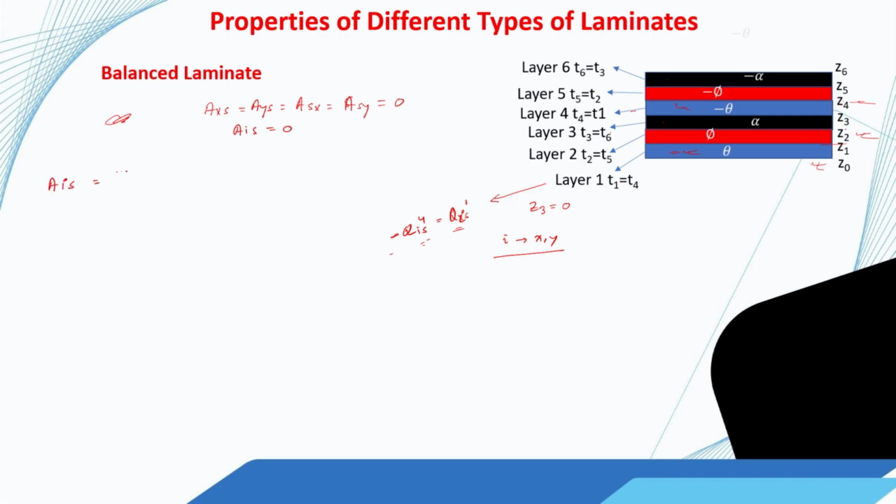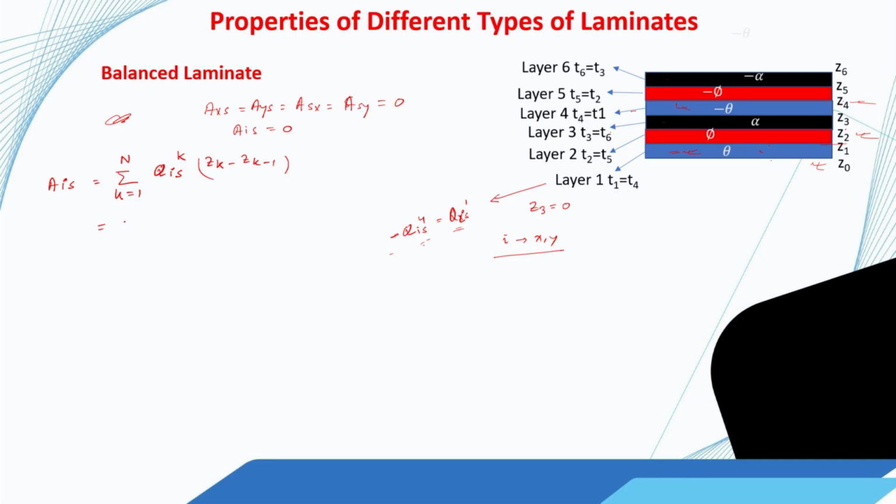AIS is equal to the summation over k from 1 to n of QIS of layer k multiplied by Zk minus Zk minus 1. Now, Zk minus Zk minus 1 is nothing but the thickness of that layer. For example, for the first layer, Zk minus Zk minus 1 means Z1 minus Z0. Similarly, in the second layer it means Z2 minus Z1. So, they denote nothing but the thickness of the respective ply.